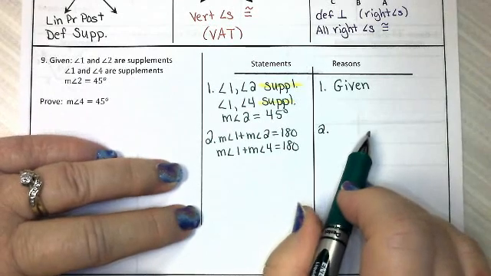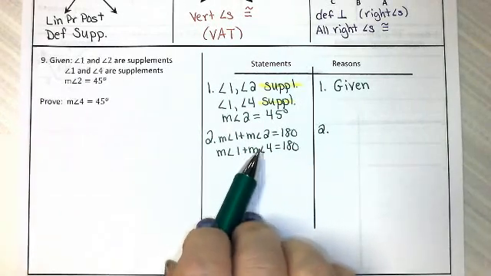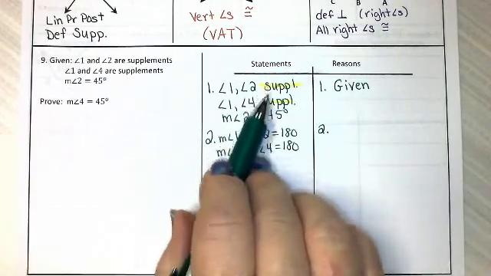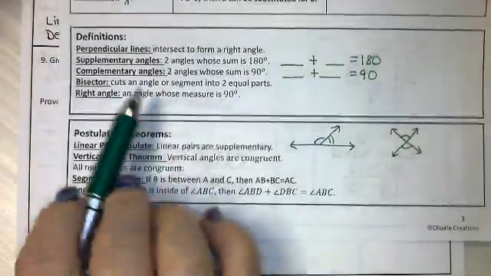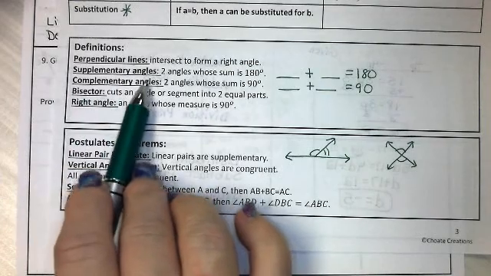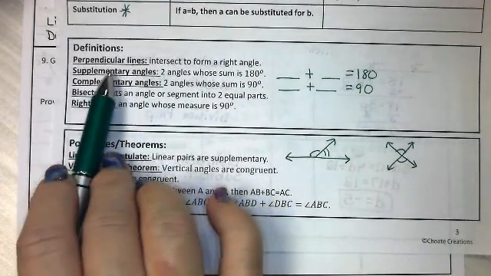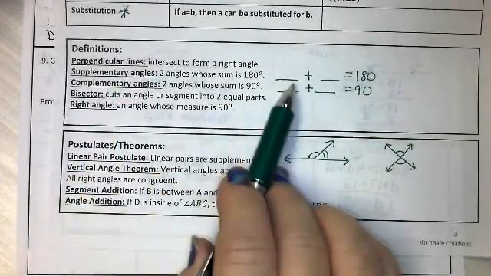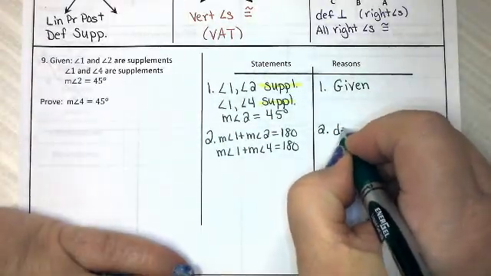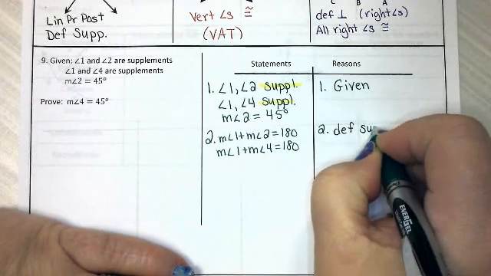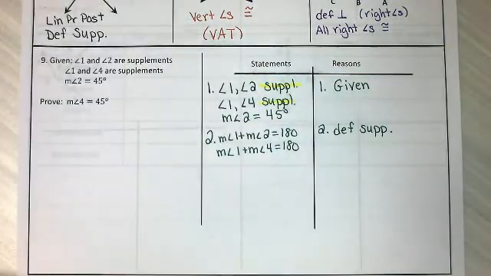And now I'm going to go over here and explain what rule I just used to go from here to here. So we look back at our list. I think I just used the definition of supplementary angles, because I saw the word supplementary and I said, hey, they add up to 180. So I'm going to say definition of supplementary angles, or just abbreviate it, definition of sup.